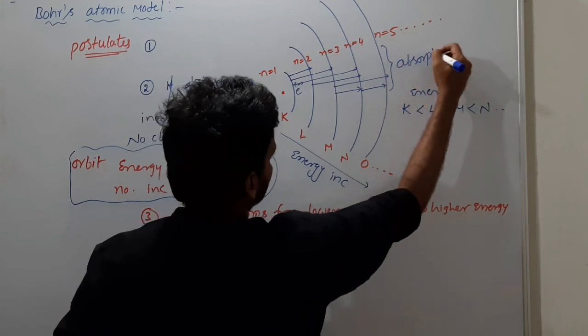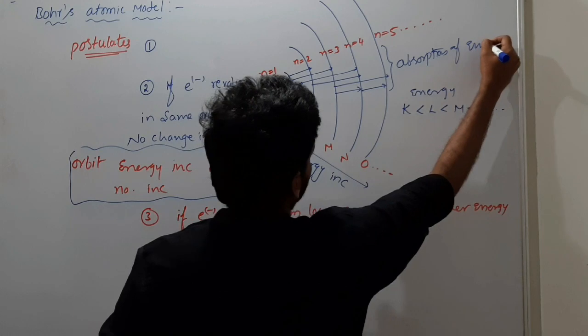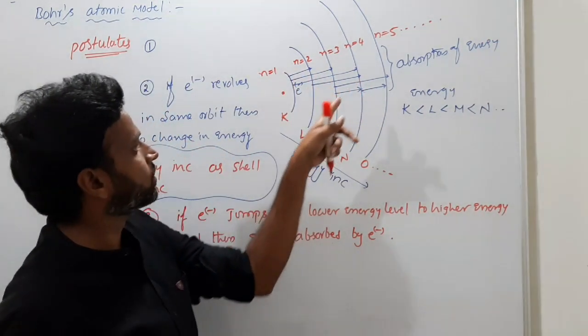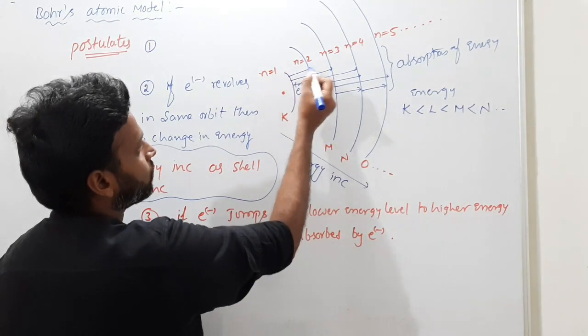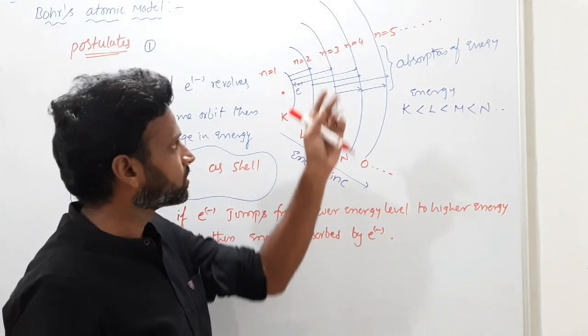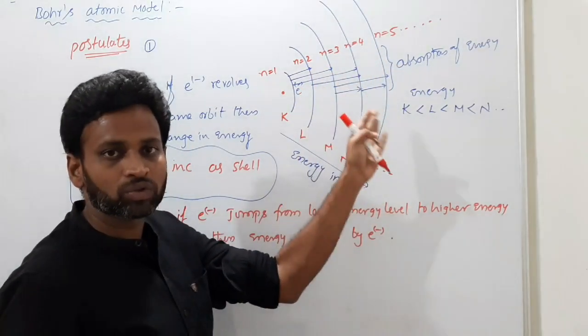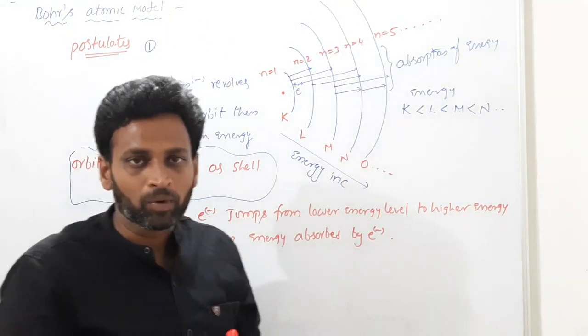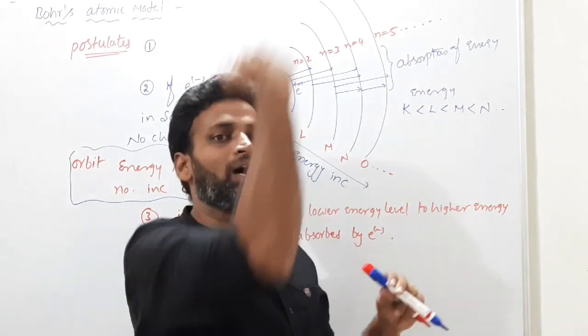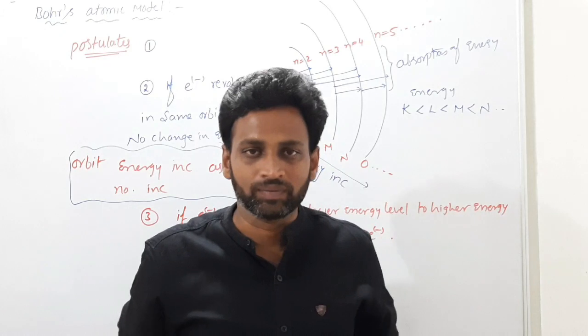Absorption of energy. Energy required, because electron is jumping from lower to higher. Electron 1 to 2 or 2 to 3, 3 to 4. Third shell to fourth shell, or fourth shell to fifth shell. Suppose electron jumping from lower energy level to higher energy level, it requires energy.